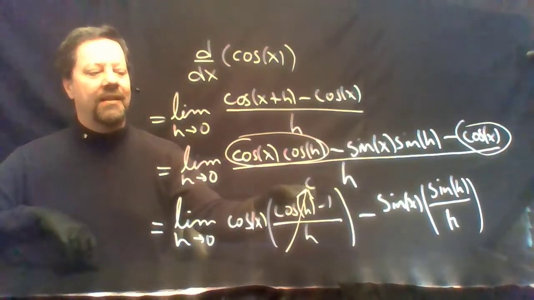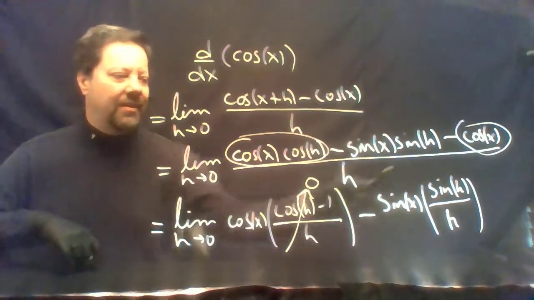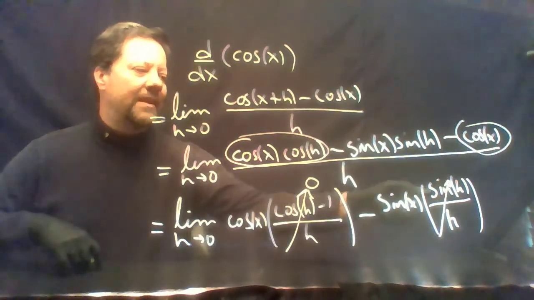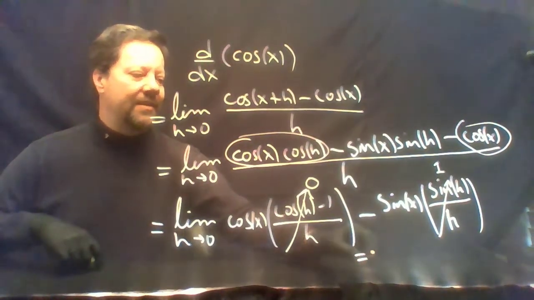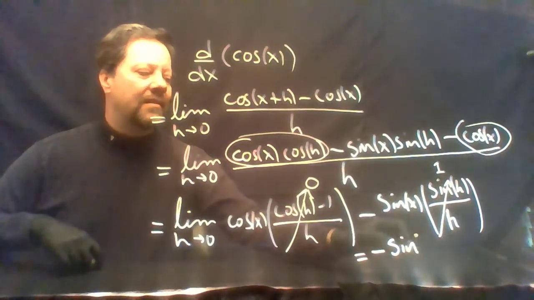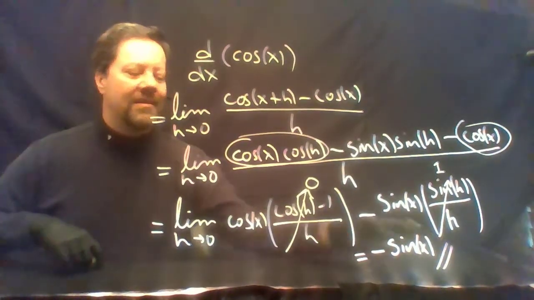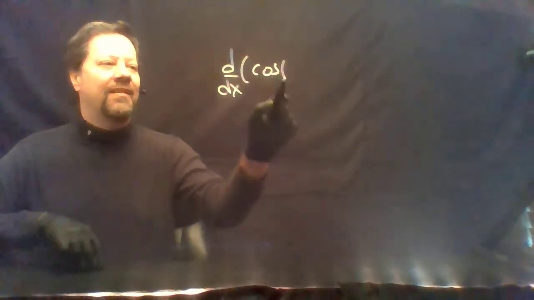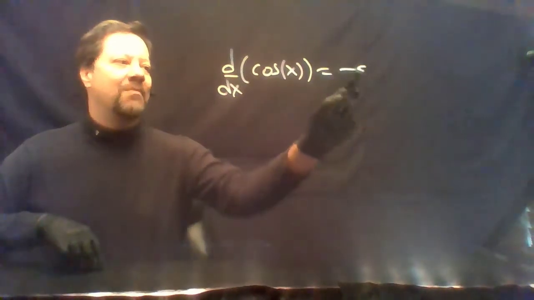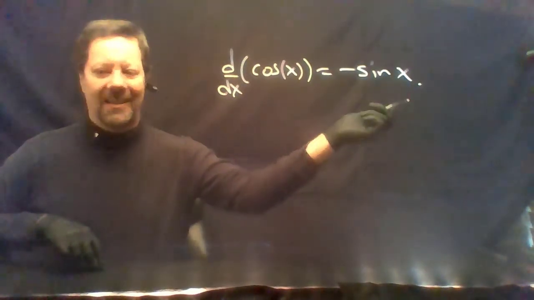This first term has a factor that tends to 0, and the second term has a factor that tends to 1. We see then that the answer is minus sine of x. So we have the derivative of cosine x is minus sine x.